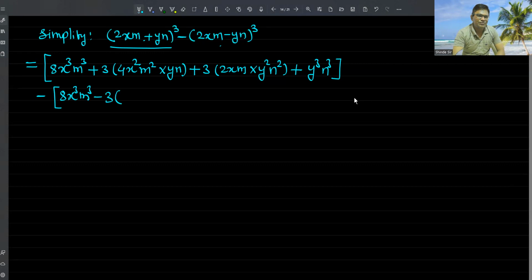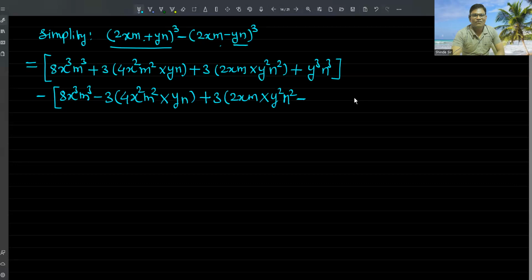So 3 times the square of first term will be (2xm) whole square, will give us 4x square m square into second term, that is yn, then plus 3 times the first term into the square of second term, that is 3 times 2xm into y square n square, and lastly minus the cube of second term, that is cube of yn.